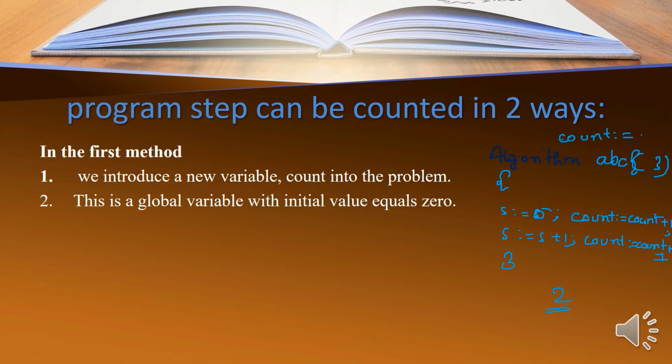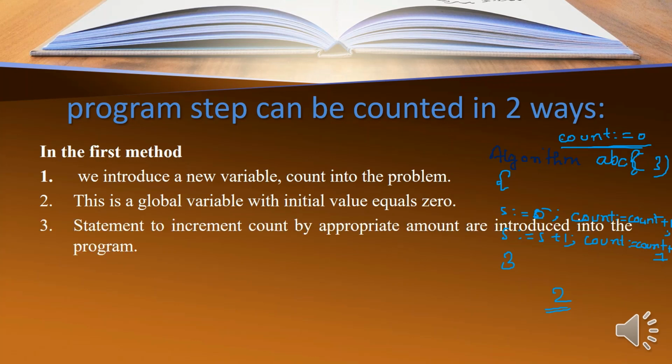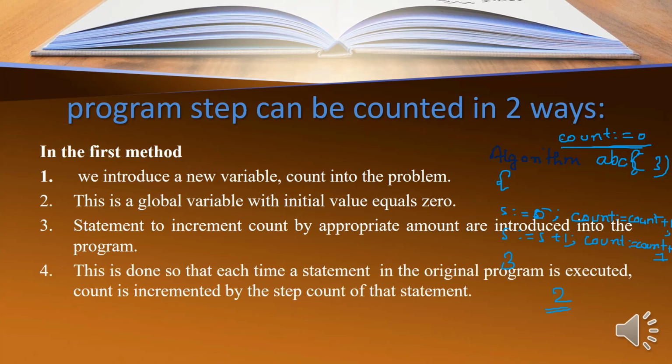So let's assume always count is initialized with 0. Statements to increment count by the appropriate amount are introduced into the program. This is done so that each time a statement in the original program is executed, count is incremented by the step count of that statement.